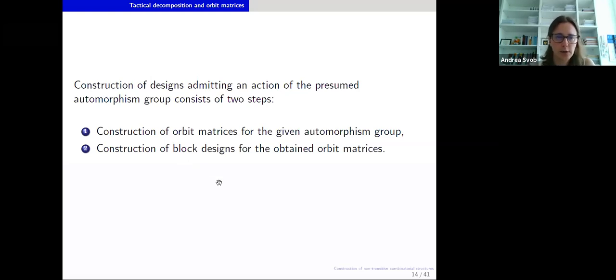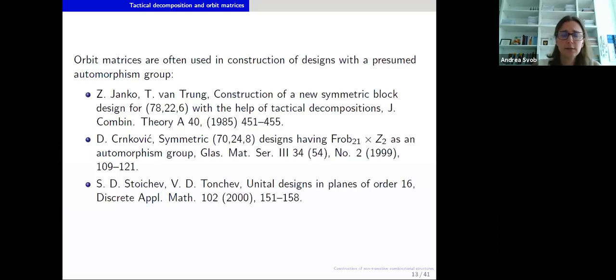This is not a very easy thing to do, but as a result, you can obtain some new combinatorial structures, precisely designs, in this way. These are just a few papers that I pointed out, for which there are nice results proving the very nice functionality of the method.